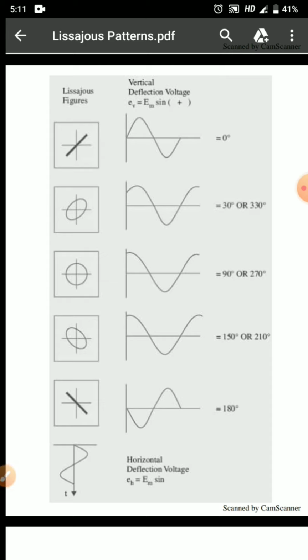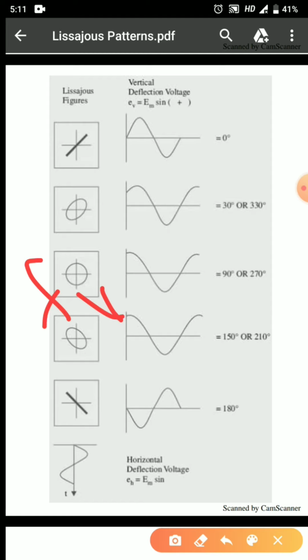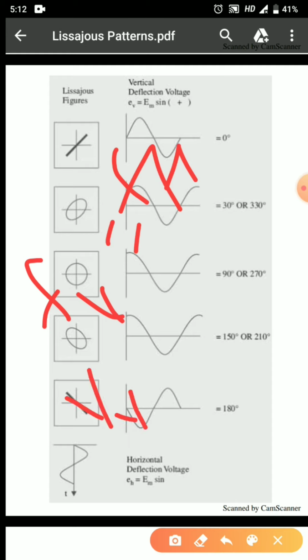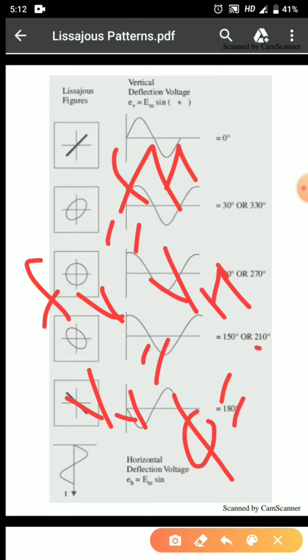Now the second condition that is possible is that of a circle. How will we get a circle? That is when we are applying two equal voltages, and both the signals have equal frequency, that is Fv is equal to Fh, and the voltage of the vertical signal and the voltage of the horizontal signal are also equal, and the angle difference between both the signals is 90 degree.